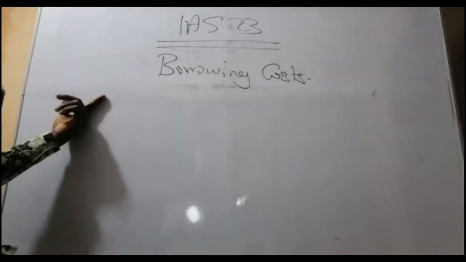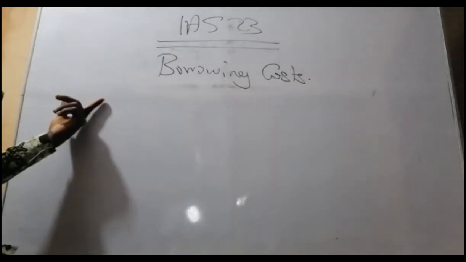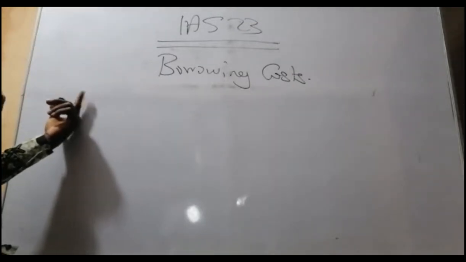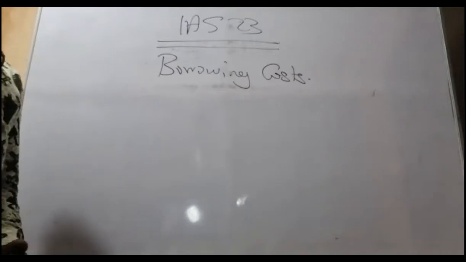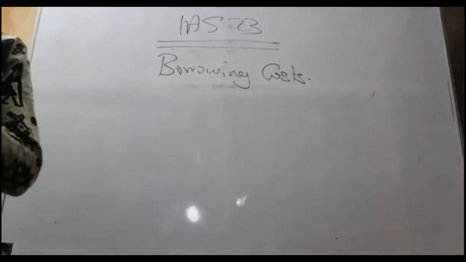You should know what the borrowing costs are, right? They are the finance cost or interest and other costs incurred when an entity secures finance or in connection with the borrowing of funds.